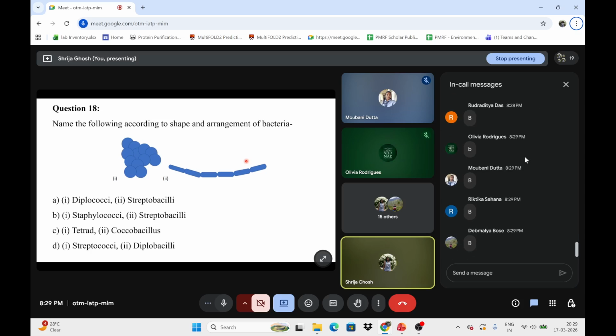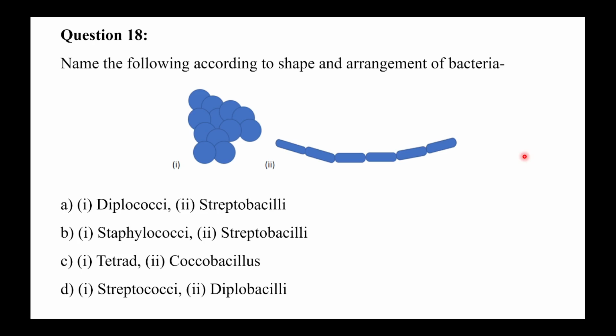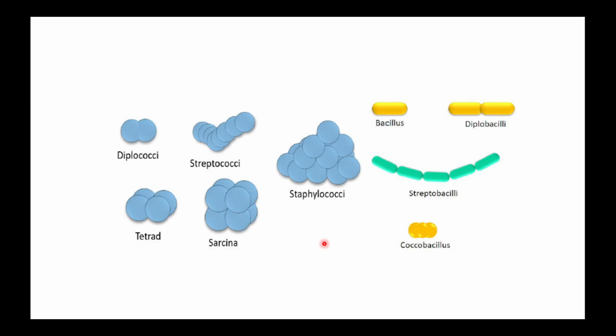Okay. Anyone else wants to write the answers? Option B, that is first is staphylococci and second is streptobacilli. That is the correct answer. So here are the different shapes of bacteria that are defined. Basically, if a cell is spherical, it is called coccus or cocci.